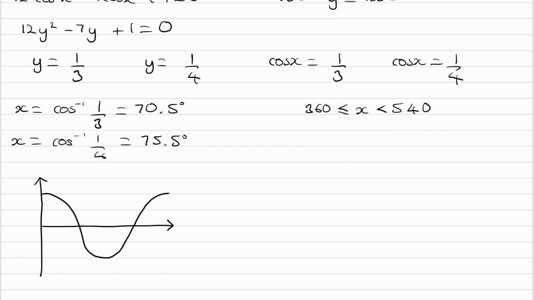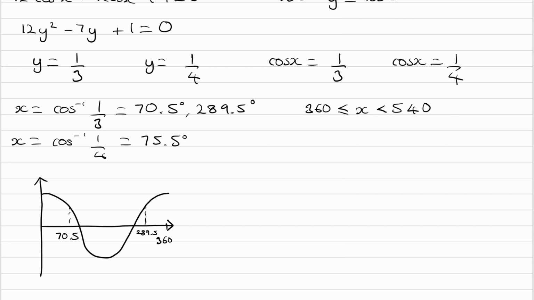So 70.5 is here somewhere. Using the symmetry of the graph, we know that 70.5 is 70.5 away from 0, and therefore it must be 70.5 away from 360. This here is 360. So this angle here would be 360 minus 70.5, which is 289.5.